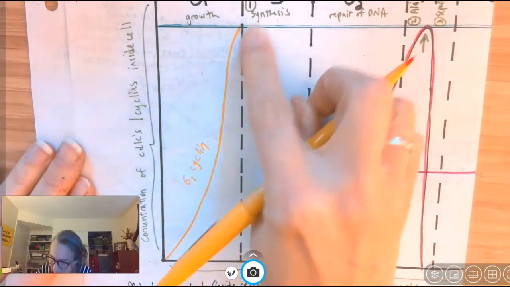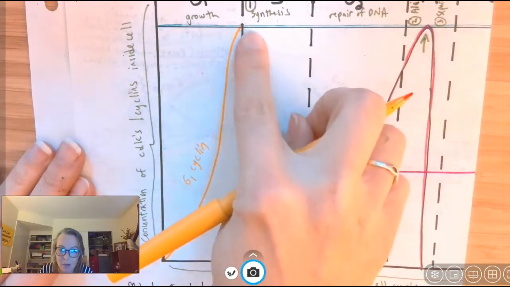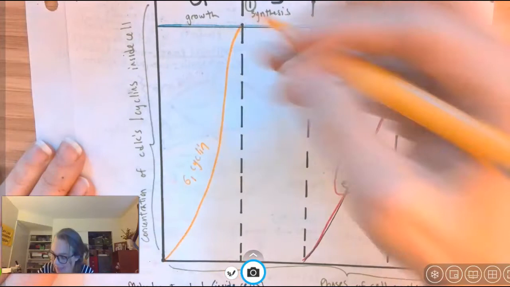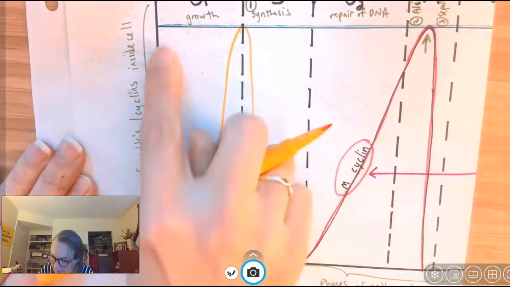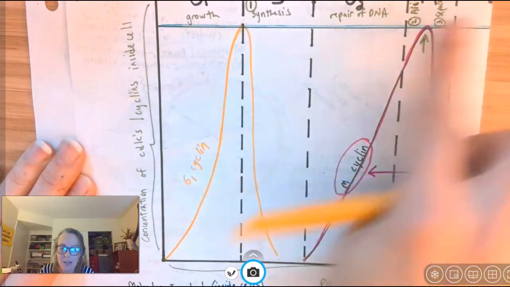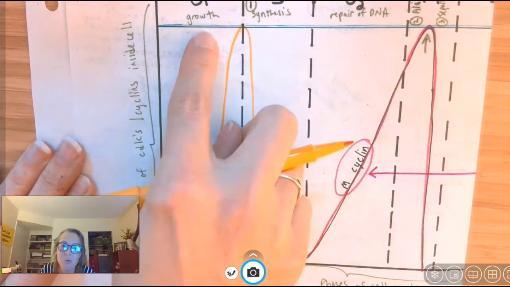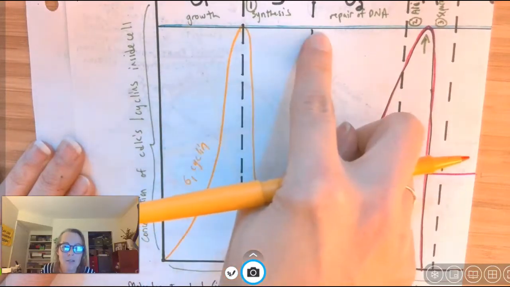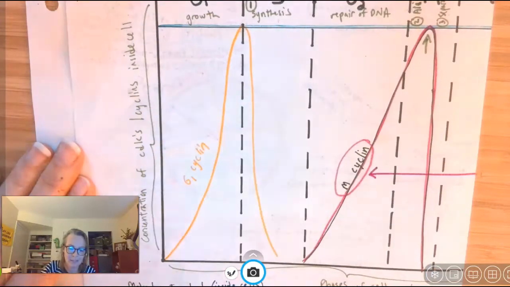When we have enough of the G1 cyclin and CDK complex, we're going to phosphorylate the DNA, and then the cyclin is going to be broken down, but the CDK is going to remain constant. But that's okay because we've gotten over that hump. We were able to push from G1, which is growth, to S, which is DNA synthesis. So that's our first checkpoint passed.